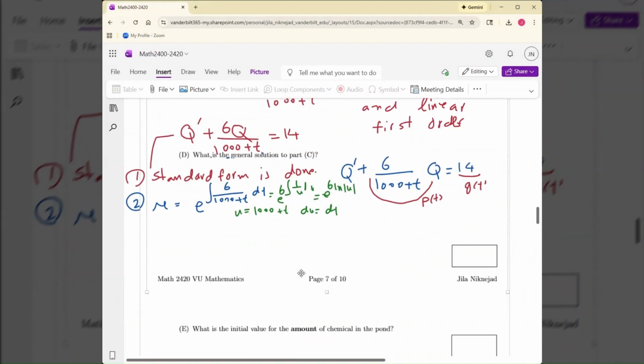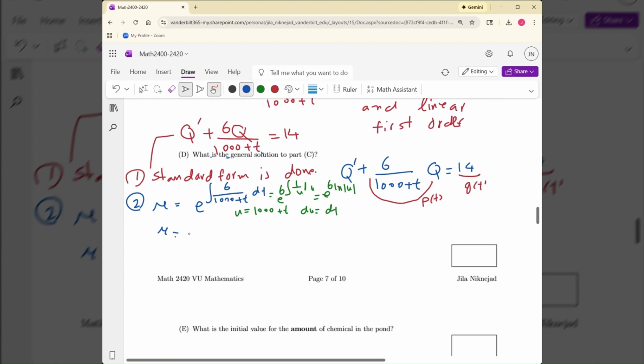Knowing that u is always positive, it's the volume, I'm going to remove that absolute value. So mu is going to be e to the power ln of u, and I want to put the 6 on top.